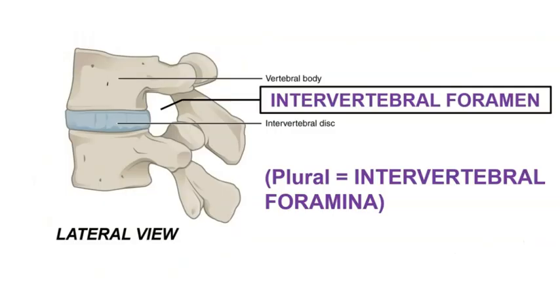On the lateral side of adjacent vertebrae are small openings called intervertebral foramen. If we want to refer to multiple ones of these, we call them intervertebral foramina. It is through these openings that spinal nerves emerge from the spinal cord and make their way to various parts of the body.